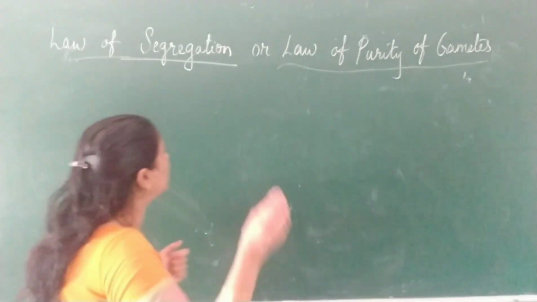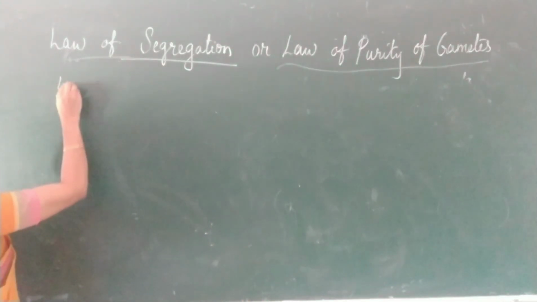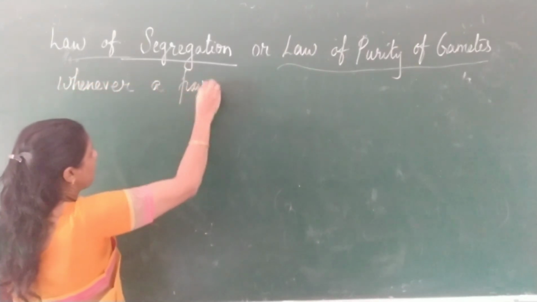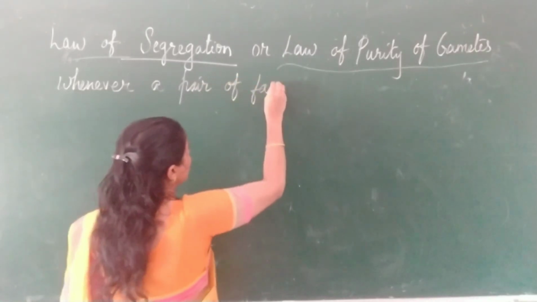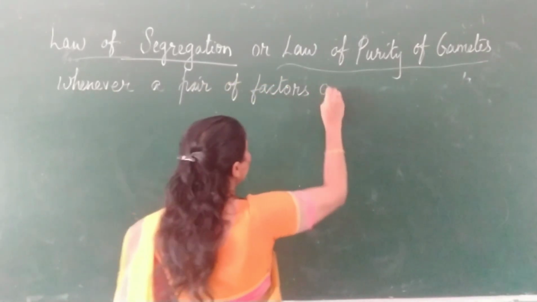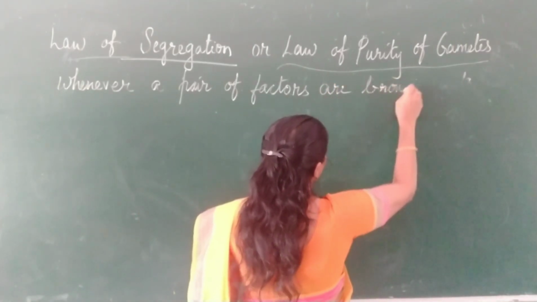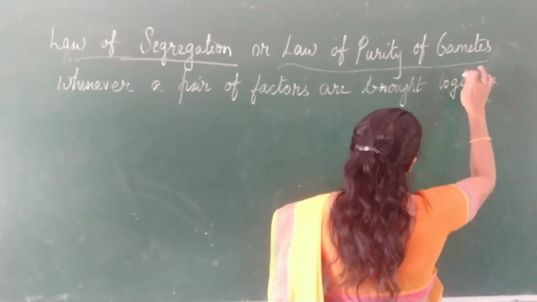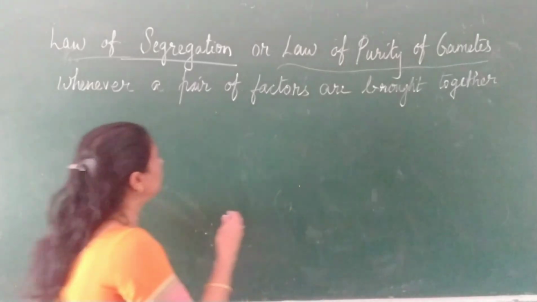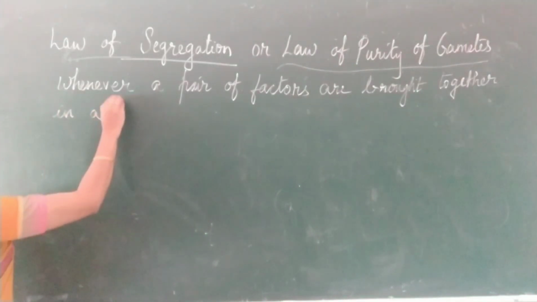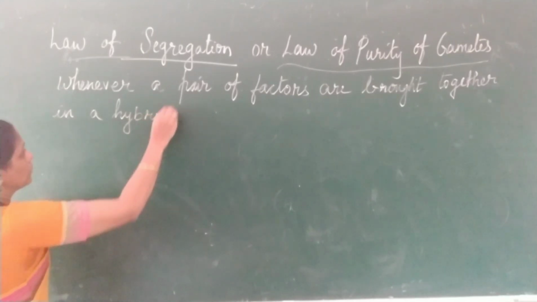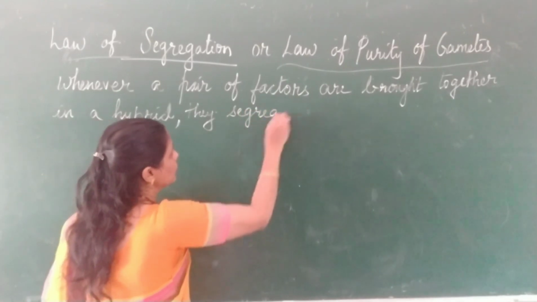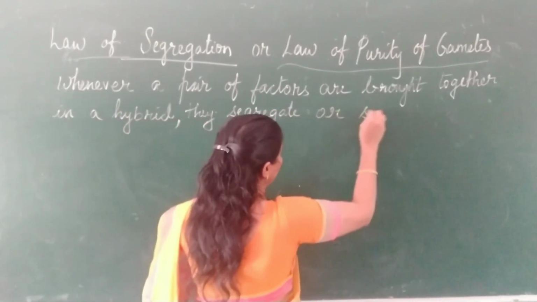So once again, I'll write that first and then I'll explain. So law of segregation states that whenever a pair of factors are brought together in a hybrid, they segregate or separate.